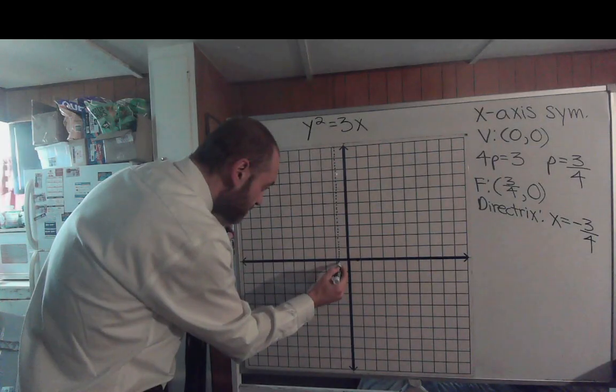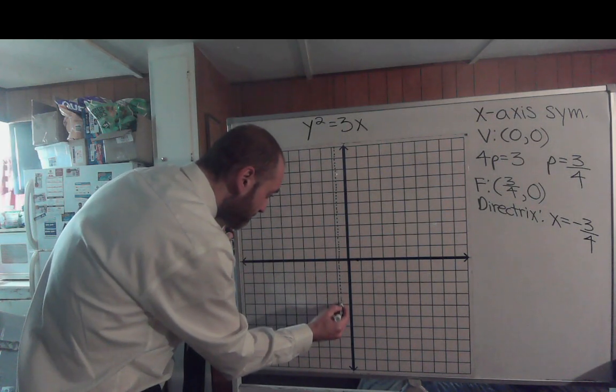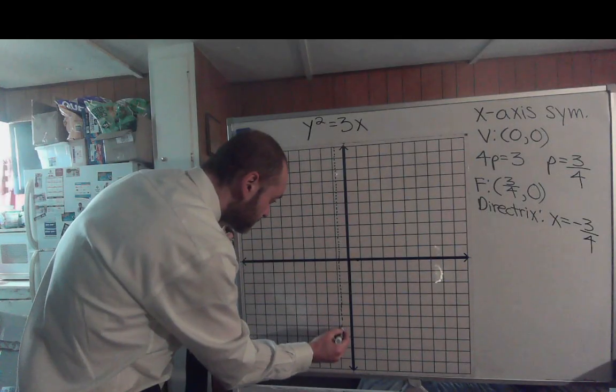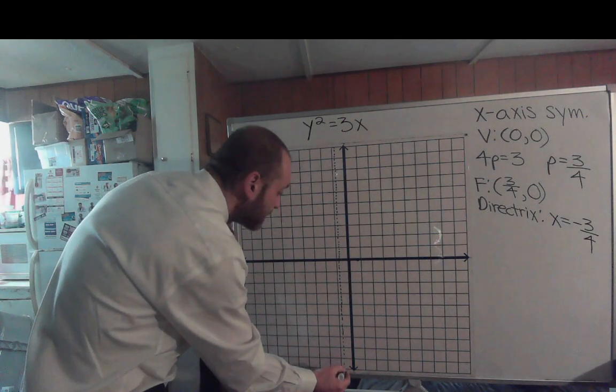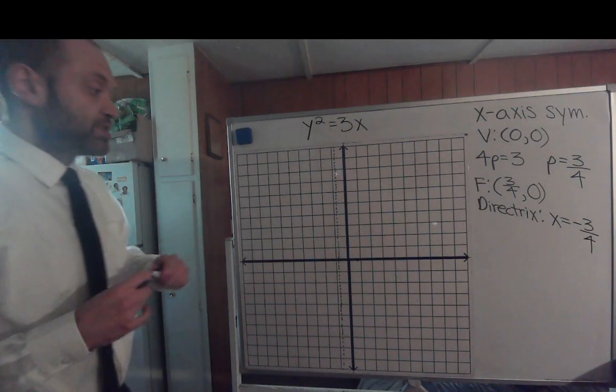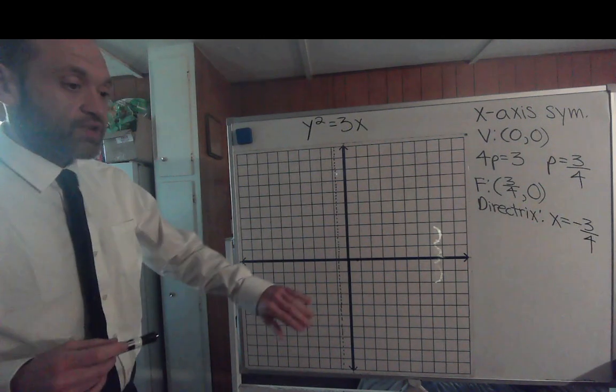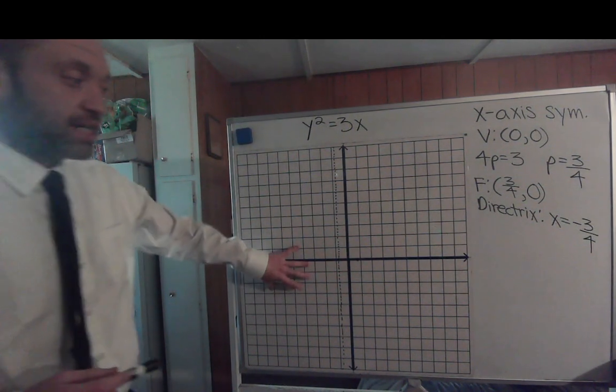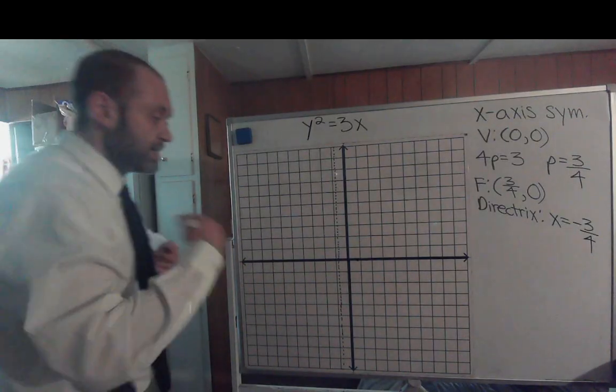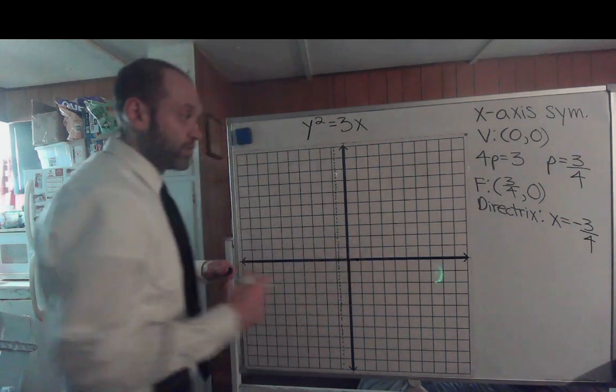There is my directrix. Okay, so it should be fairly obvious now, since the directrix is to the left of the vertex, the focus is to the right of it, that this is going to open to the right.